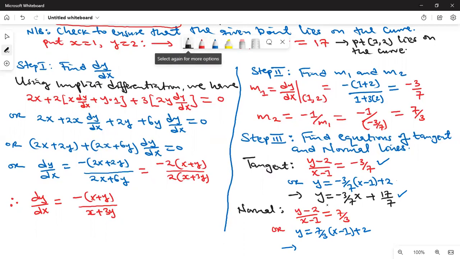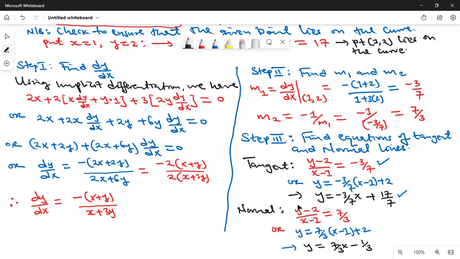When you simplify the right hand side, you're going to get y is equal to 7/3x, then minus 7/3 plus 2. That will give us -1/3. So minus 1/3.